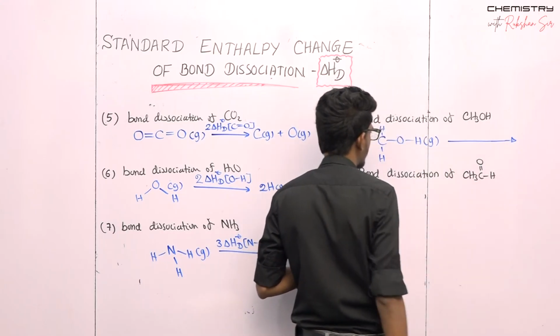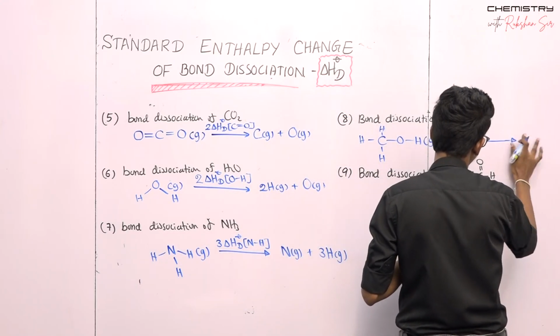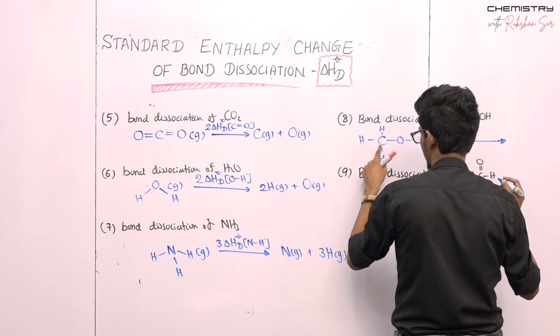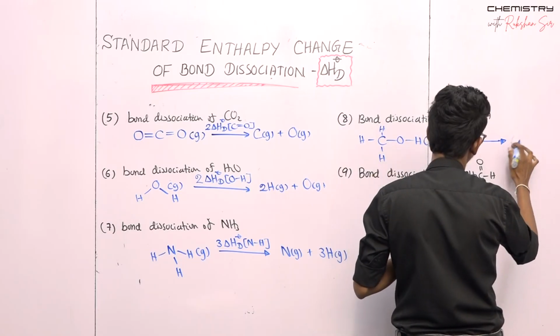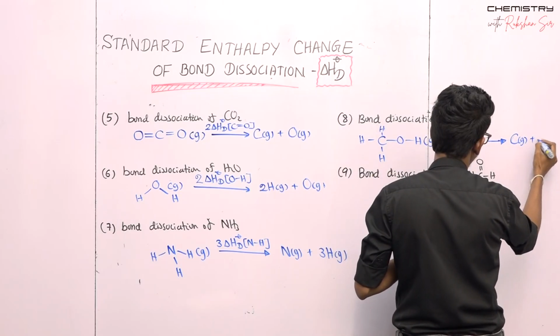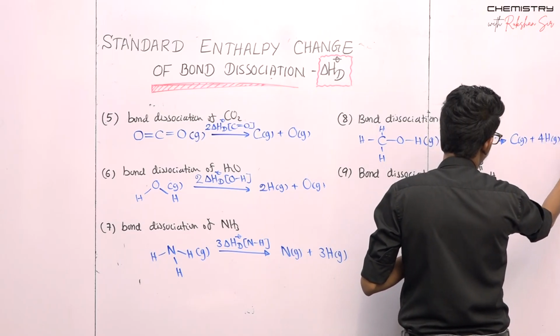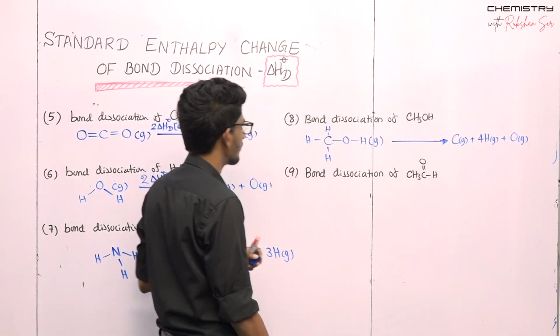So you are supposed to come up with monoatomic gaseous atoms, right? So 1, 2, 3, 4: 4 hydrogens, 1 carbon and 1 oxygen. No? 1 carbon in the gaseous state, 4 hydrogens in the gaseous state, and 1 oxygen in the gaseous state. Those are going to be the products of the bond dissociation, right?